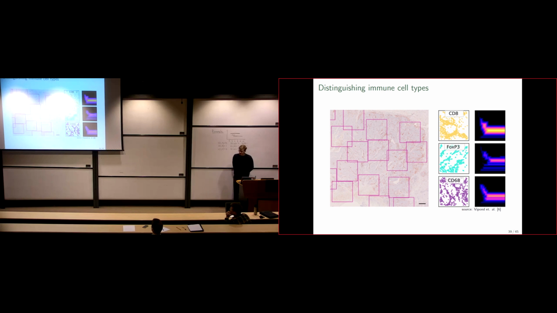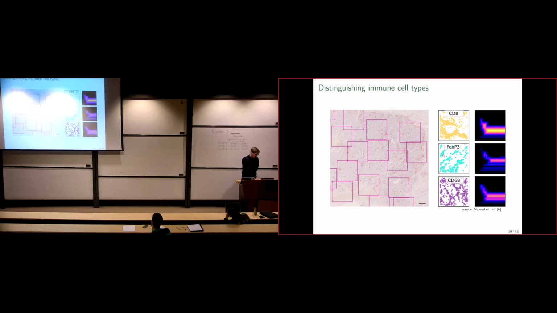So the data looked like this. On the left here are the immunohistochemistry images that were annotated manually to produce the training data. What you see on the right here are these digitalized point clouds. This distribution of points corresponds to one of the cell types, which are identified by this CD8 protein.